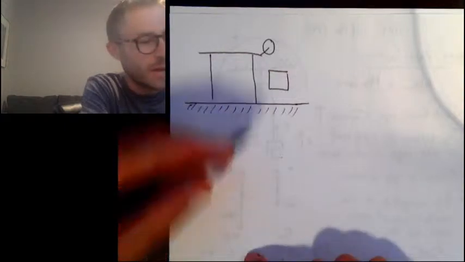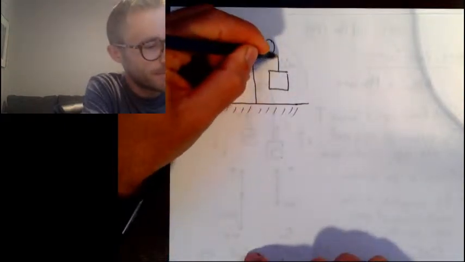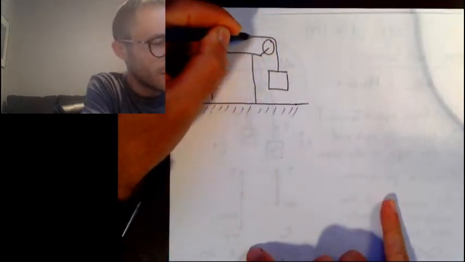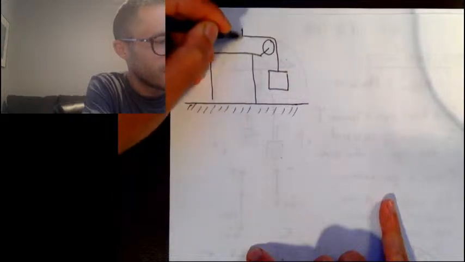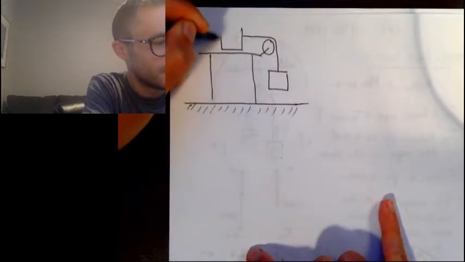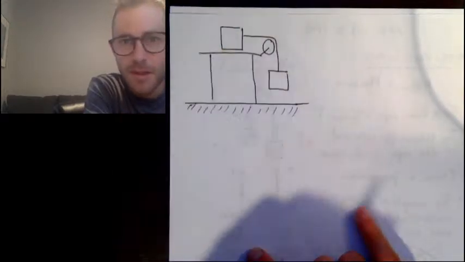And so you have a mass that is dangling, and you have a mass that is on the table. Okay.